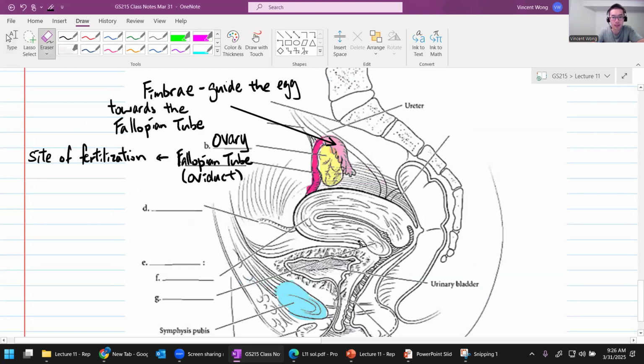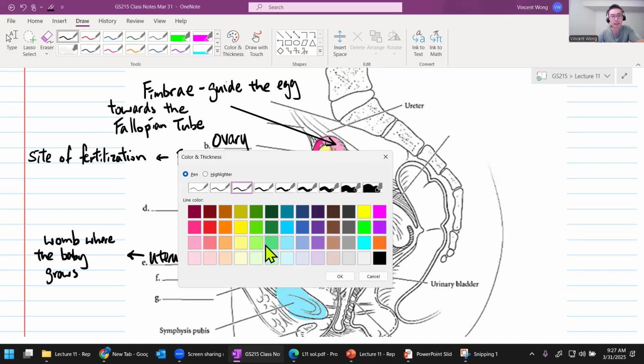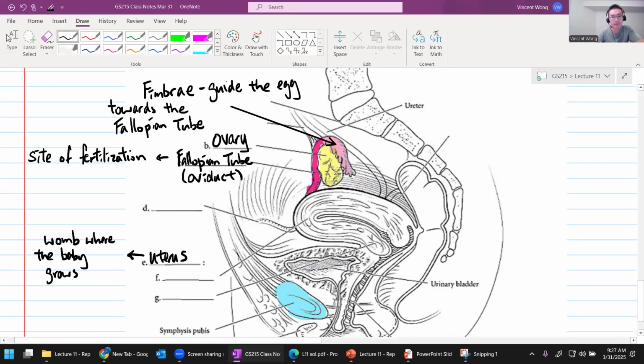Okay, so where is the baby supposed to grow? Well, it's supposed to grow right here, and that is the uterus. The uterus is the womb, where the baby grows. It's a very muscular structure. And there's a really, really thick muscle right here.